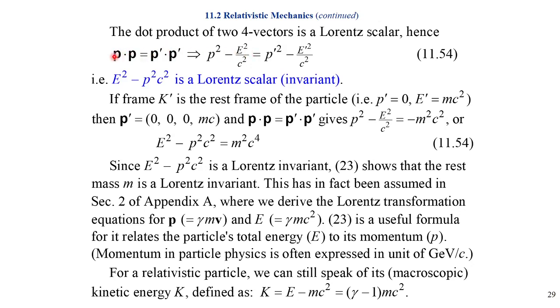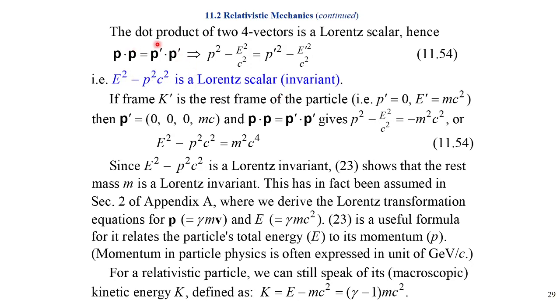After the inner product, we got P squared minus E squared over c squared in one inertial frame, and the same in another inertial frame. That means E squared minus P squared c squared is a Lorentz scalar, an invariant quantity.